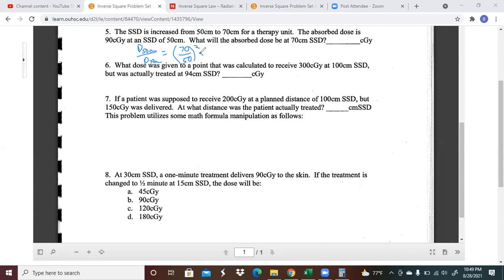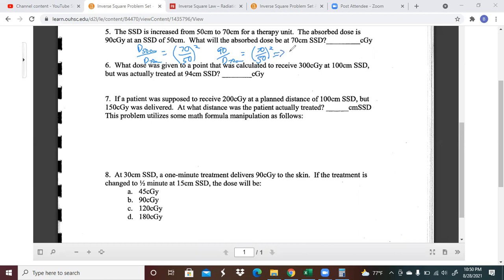And what does that turn out to be? Well, we know that the dose at 50 cm is going to be equal to 90. That means we have 90 divided by the dose at 70 cm is equal to 70 divided by 50, squared.